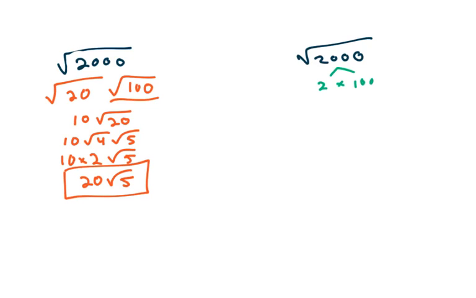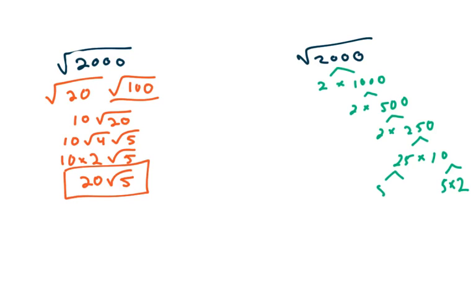Okay, now if you like the other method, let's just break it down into prime factors. 2 times 1,000, 2 times 500, and you can do this in any order. Now you have the square root of 2 times the square root of 2 times the square root of 2, square root of 5, square root of 5, square root of 5, square root of 2. So it's kind of like this foolproof method.